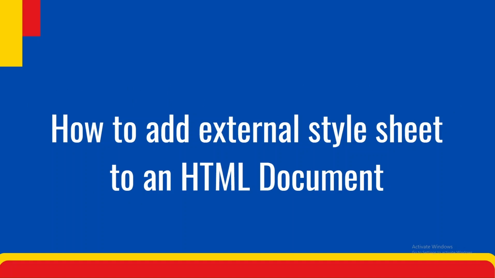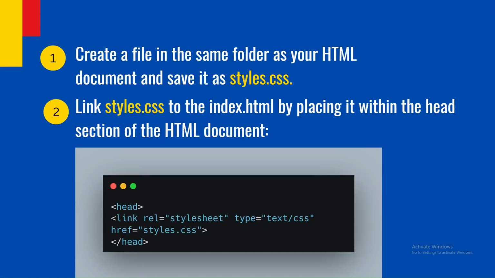Alright, so how do we add an external style sheet to our HTML document? So the first step is to create a file. Now, if you want your CSS file to be in the same folder as your HTML document, you would have to create your file in the same folder as your HTML document.